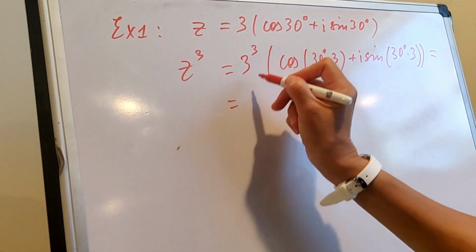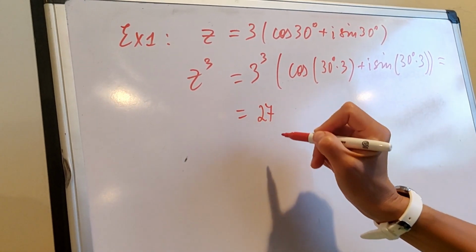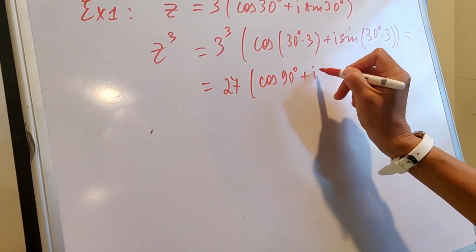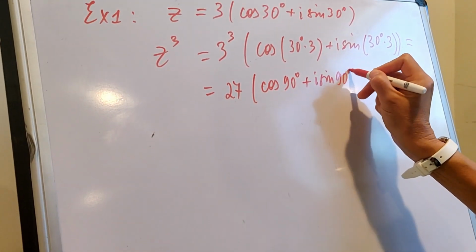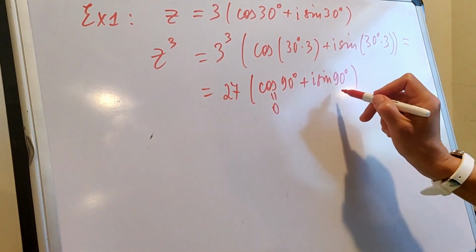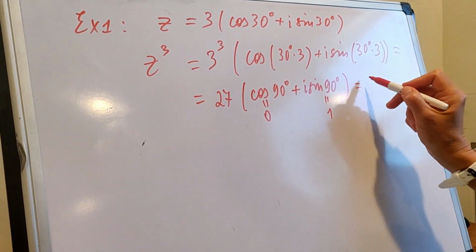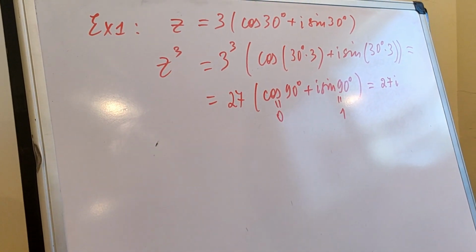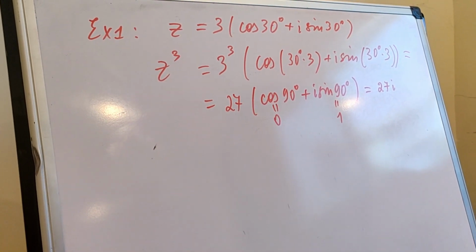I'm going to simplify this a little bit. 3 cubed is 27, right? Cosine is going to be of 90 degrees and sine is of the same 90 degrees. I do remember that this is 0 and this is 1, and my final answer is going to be 27i.